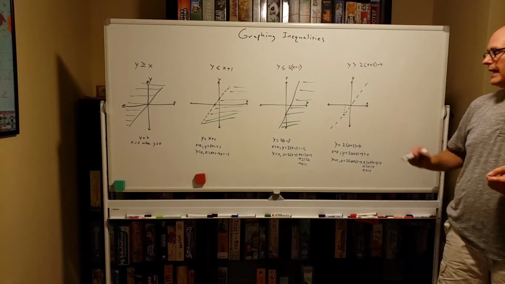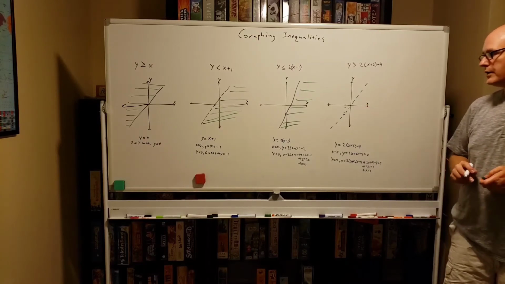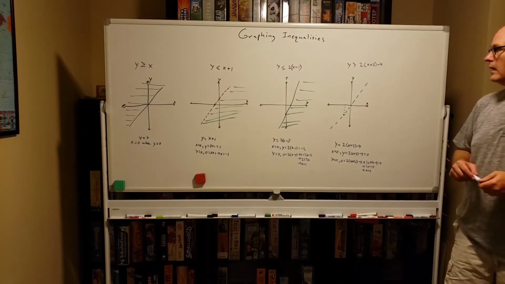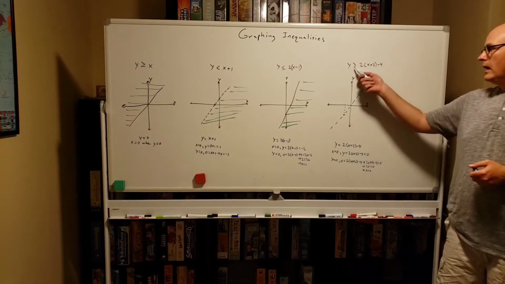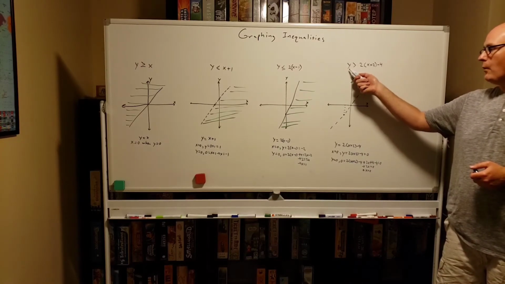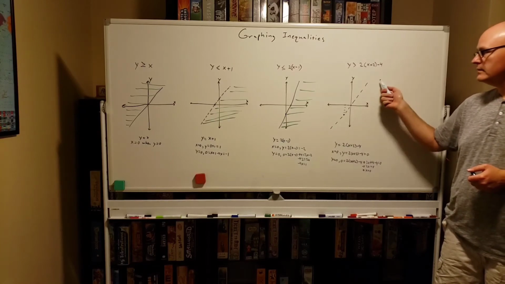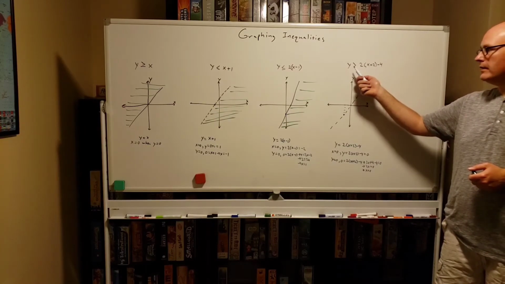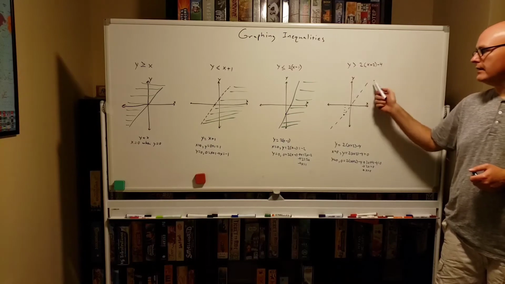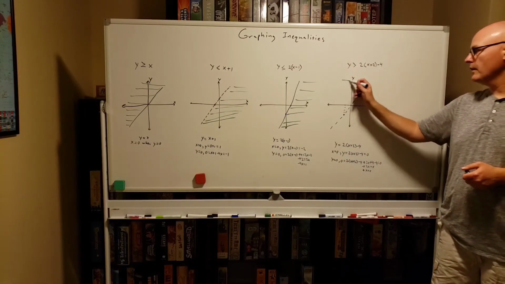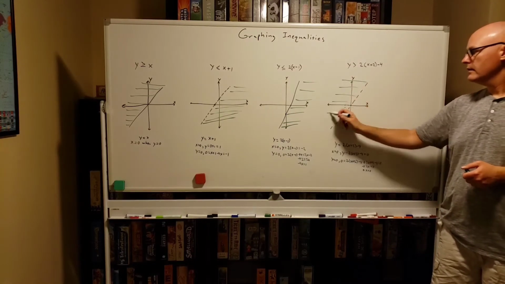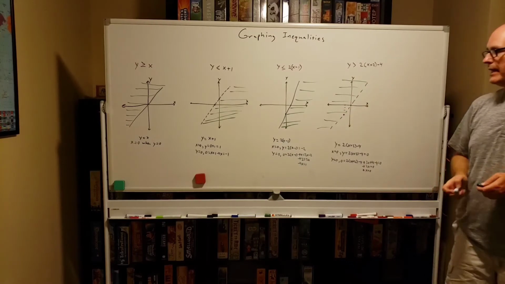So both the x and the y-intercept are 0. It cannot be equal to, so y cannot be equal to this quantity, so this is a dotted line. It could be all of the values greater than this line. Therefore, that is my answer.